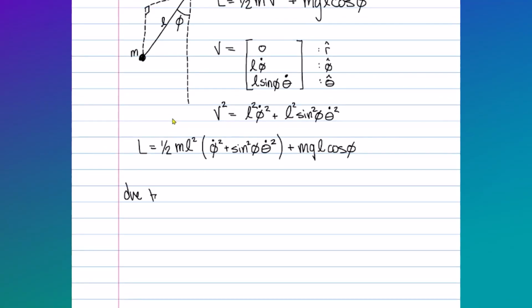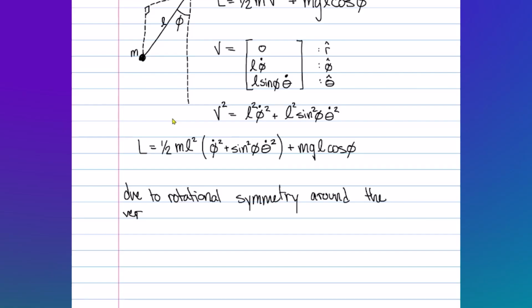Now we've got some symmetry, so due to rotational symmetry around the vertical axis, we're going to have a conserved quantity. And that conserved quantity will be the angular momentum around that vertical axis.